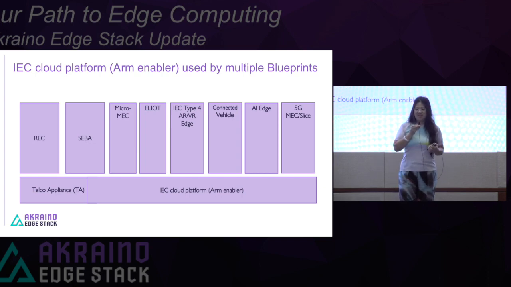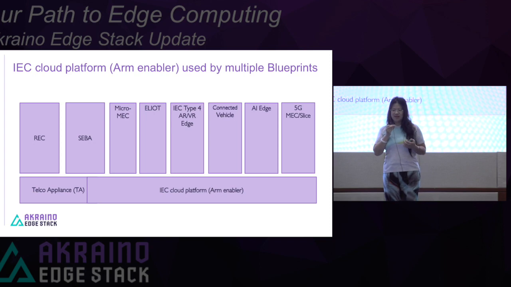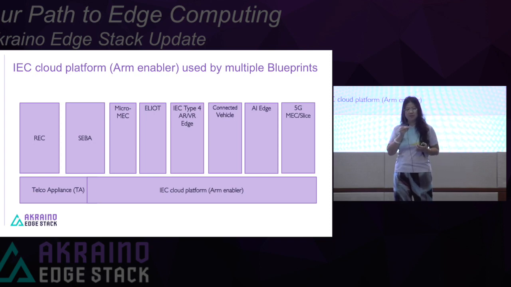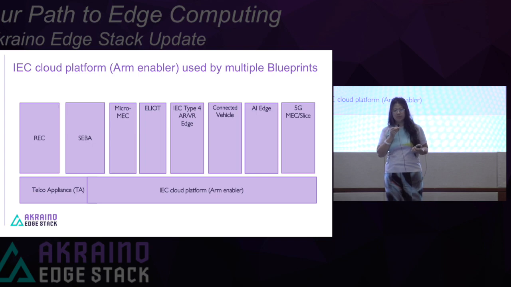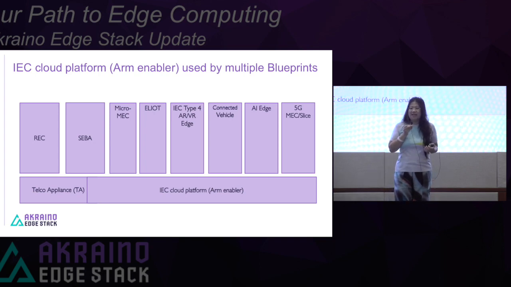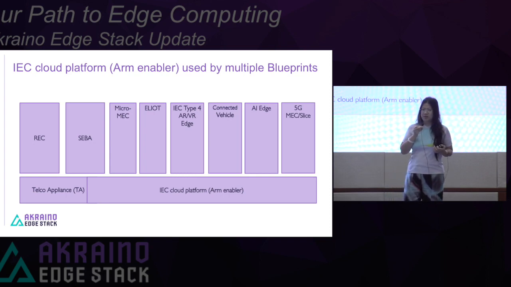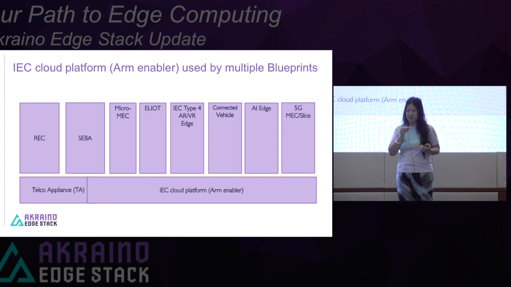And the last one, not the least, the last but not the least. The 5G MEC slice is proposed by Tencent and China Mobile from the beginning, but some other companies are also part of it. Intel and ARM are part of the blueprint. It's like China Mobile provides B2B 5G MEC services to Tencent.